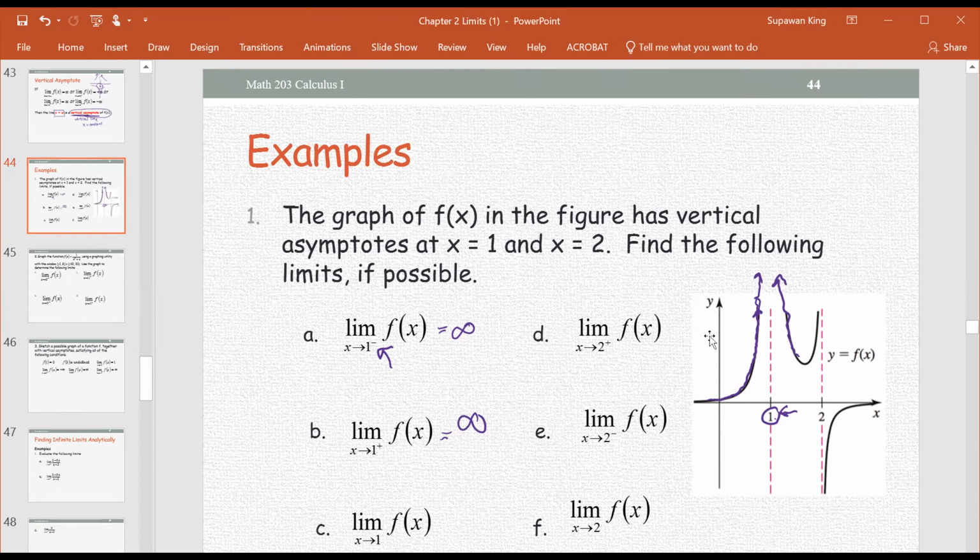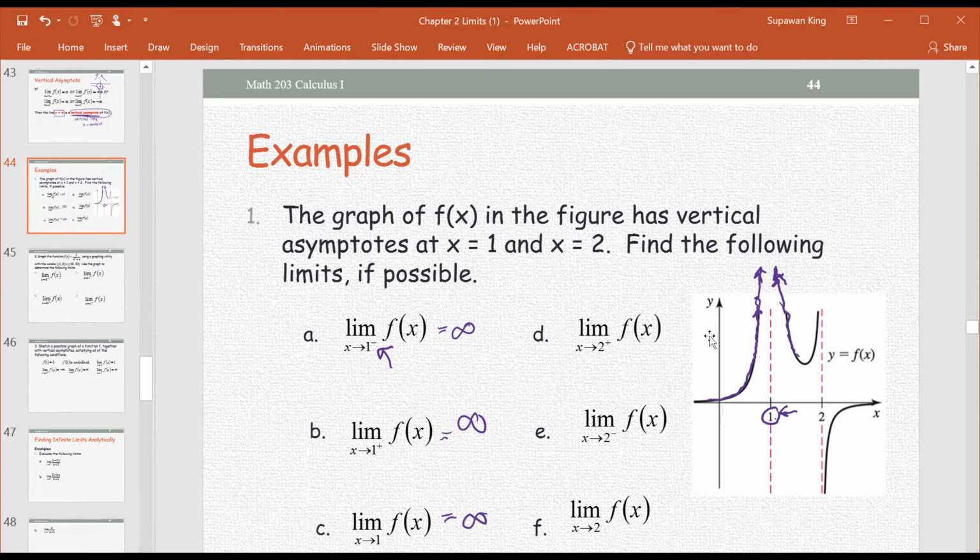That means you are looking for the limit of the function as x approaches 1 from both directions. From A and B, it's already told you that both sides of the graph approach the same direction, which is positive infinity. Therefore, we can use infinity as the limit of the function as x approaches 1. That means two-sided limit. Both sides approach the same direction, the positive infinity direction.